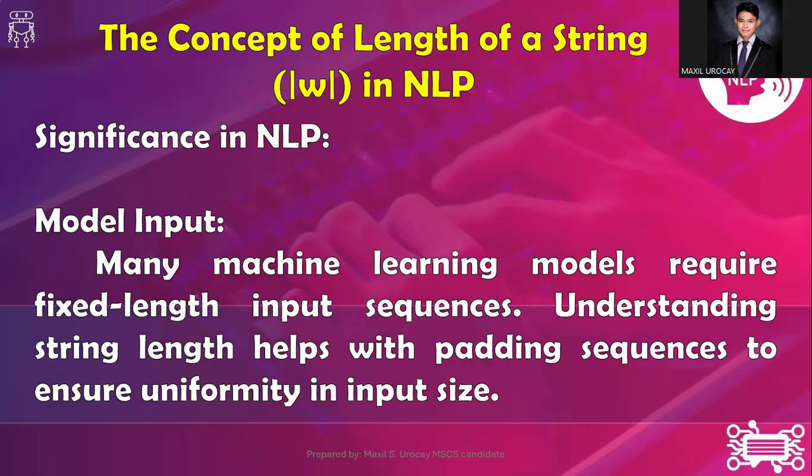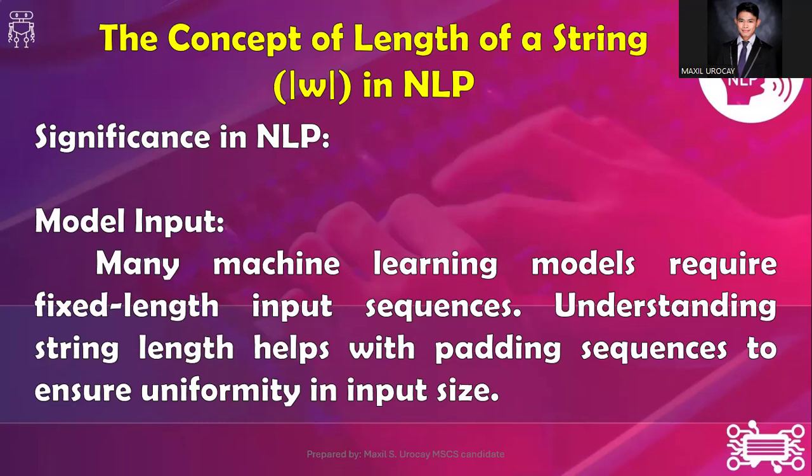So particularly in this field, class, string length is crucial for the model input, as many machine learning models require fixed length input sequences. By knowing this, we can apply padding to shorter sequences, ensuring uniformity in the input size, which really helps our model streamline the implementation process and learn from the data effectively.